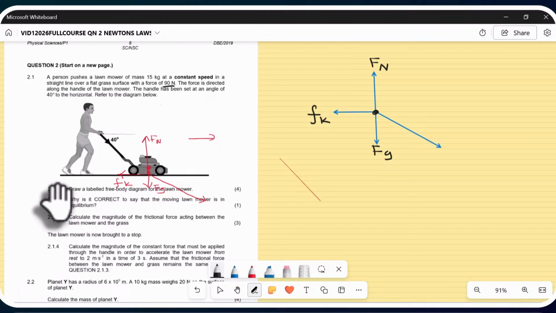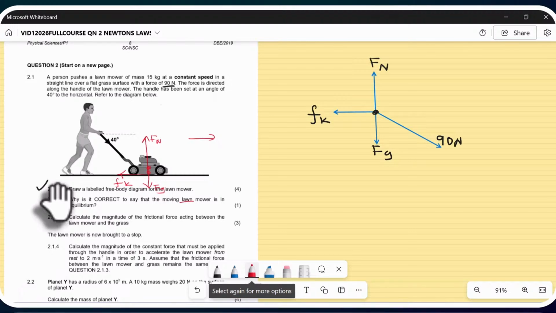And then they ask next, why is it correct to say that the moving lawnmower is in equilibrium? It is because the acceleration equals 0. The constant speed means 0 acceleration, okay?